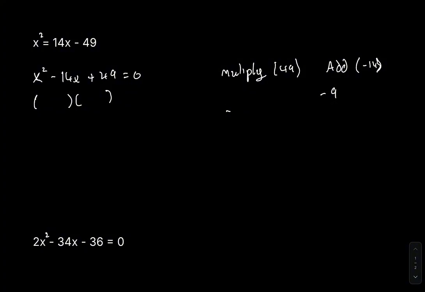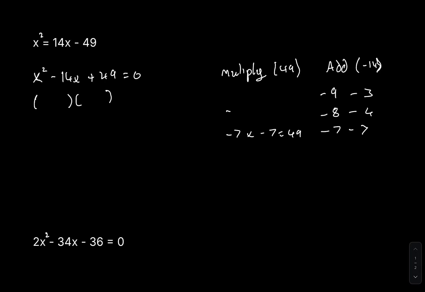Minus 9 minus 5, does that multiply to 49? No. So next one, minus 8 minus 6, does that multiply? No. Next one, minus 7 minus 7, that can multiply and be positive 49.